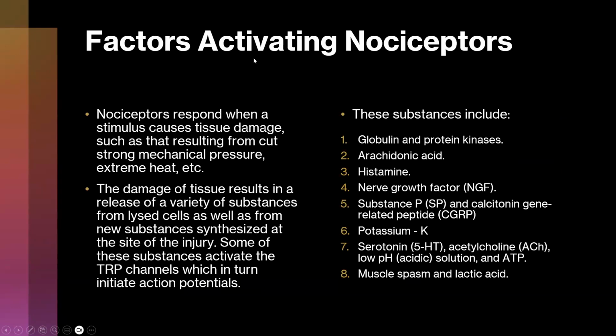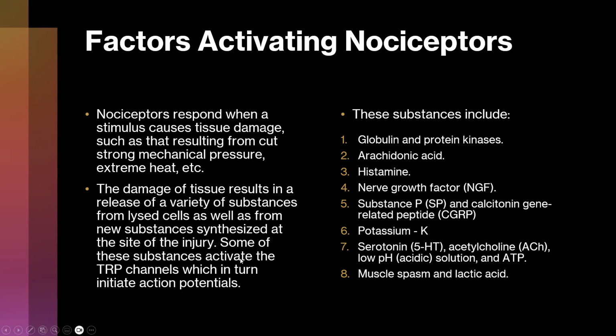Factors which activate the nociceptors. Nociceptors respond when a stimulus causes tissue damage, such as that resulting from a cut, strong mechanical pressure, extreme heat, etc. The damage of tissue results in a release of a variety of substances from lysed cells, as well as from new substances synthesized at the site of the injury.